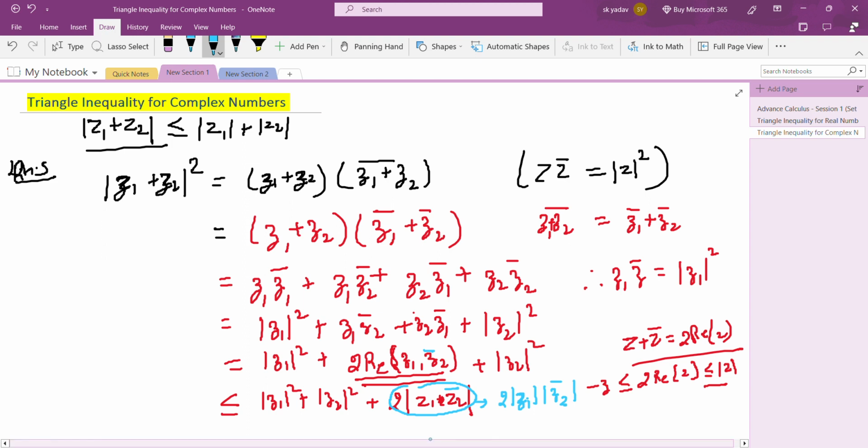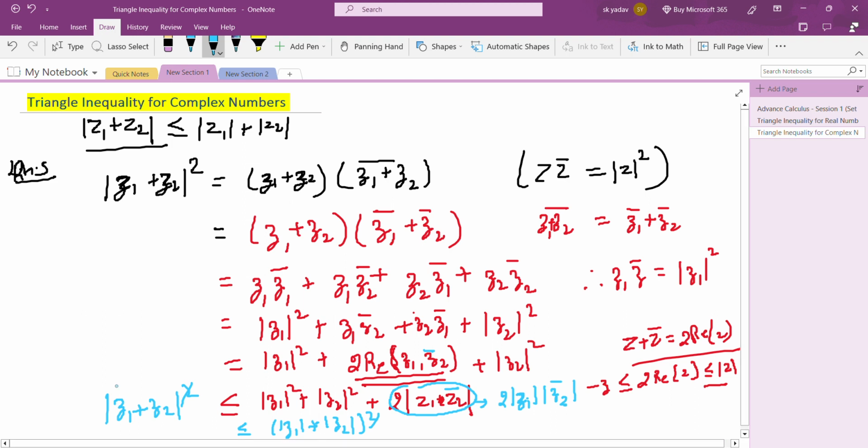Now if you see the complete statement, we can write it as the square of the absolute of Z1 plus the absolute of Z2, whole square. So the result we have, Z1 plus Z2 whole square, is less than or equal to this. Now if we take the square root of this one, we can remove the square.